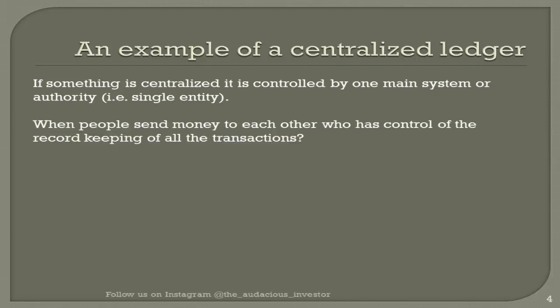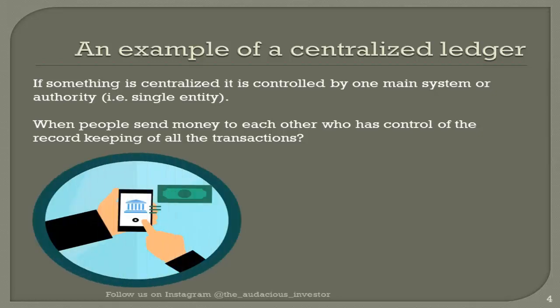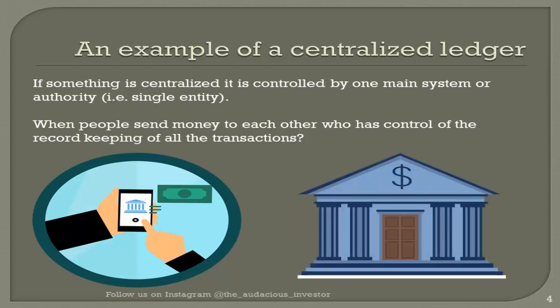So when people send money to each other, who has control of the record keeping of those transactions? We should know because we make payments all the time as people, and for the most part, what do you use to make your payments on? We use a bank to make our payments with, and this is an example of a centralized ledger because only banks have access, have control over the record keeping of the transactions that are being made.